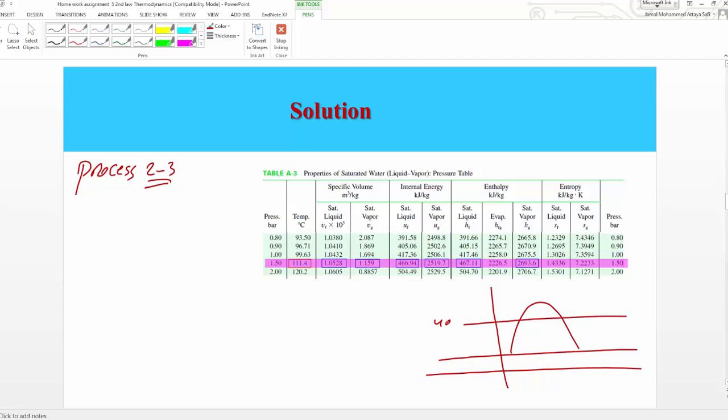This is 40, this is 1.5 bar. We started here, this is 1, and then we came here, and then we went here. So this is 1, 2, 3, 4. And now I'm here. I'll take process 2 to 3. Process 2 to 3 is adiabatic.